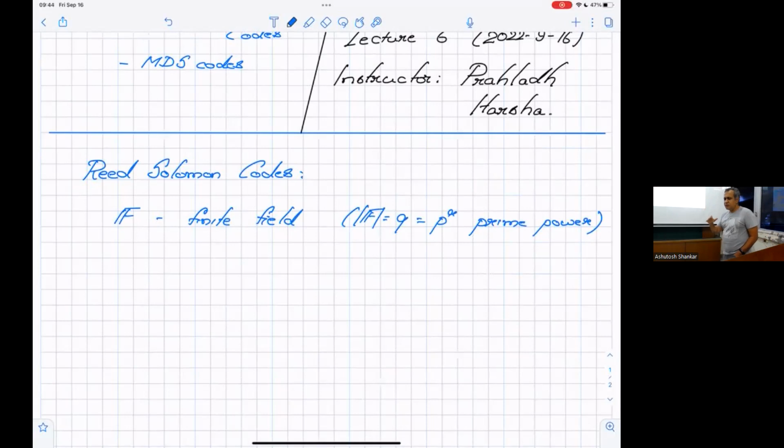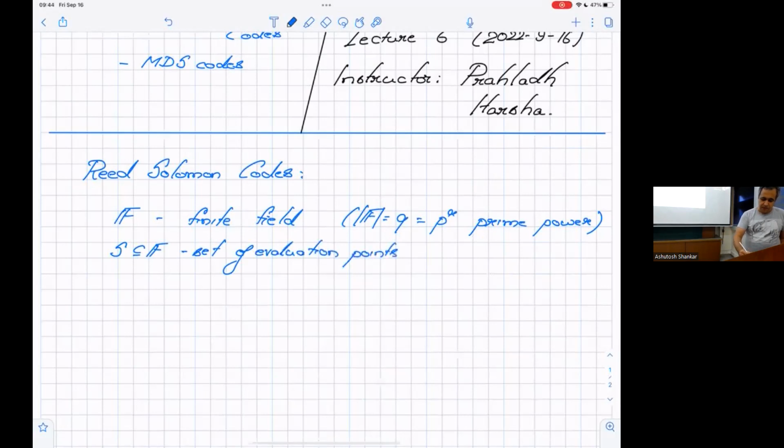The Reed-Solomon code doesn't refer to a single code, it actually refers to a whole family of codes. The family is parameterized by three quantities. One is the finite field, F. Next is S, which we call a set of evaluation points, and we say the size of S is n.